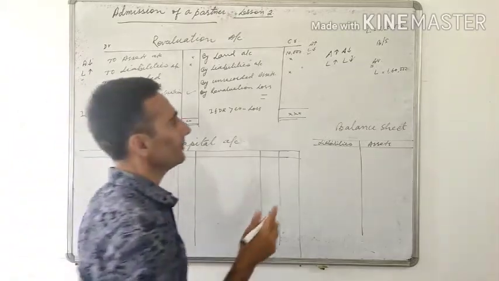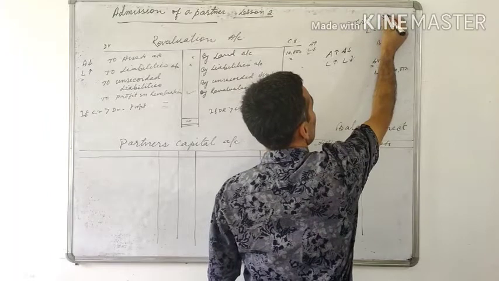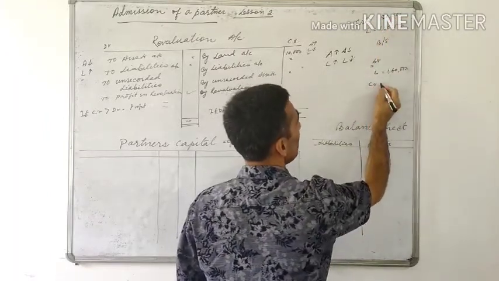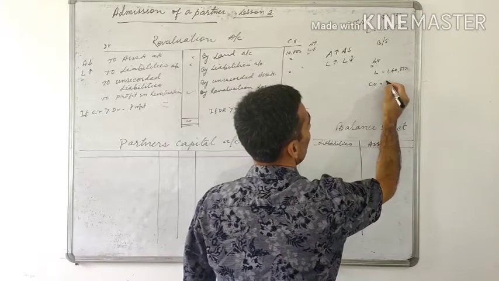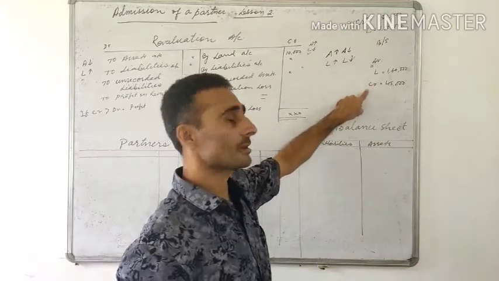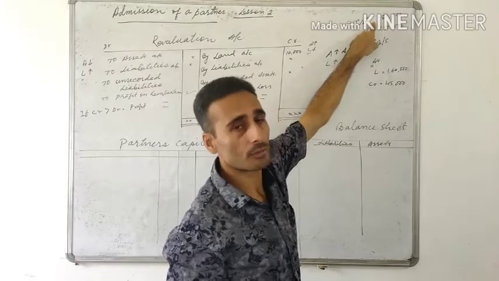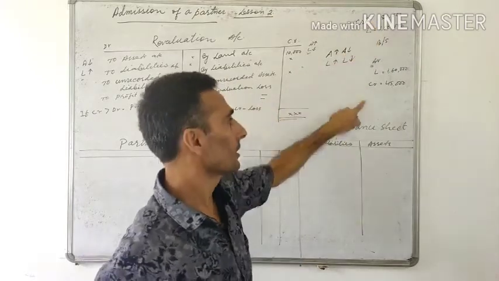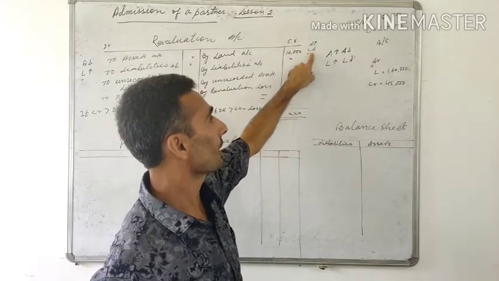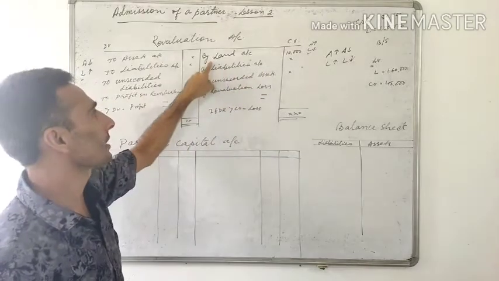Similarly, the creditor's value is say 50,000, whereas the new value of the creditor is say 45,000. The creditor is a liability, so the value has decreased by 5,000. Decrease in liability is again on the credit side.